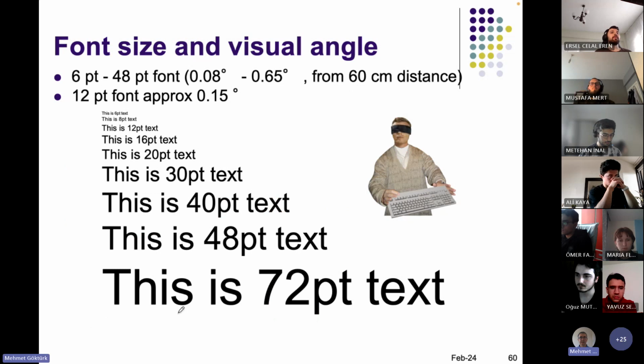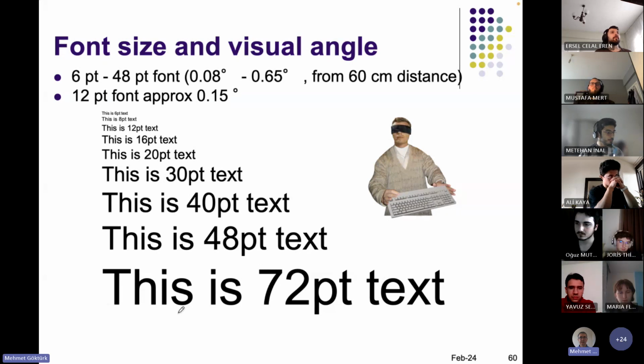Unless you are sick, of course. So from 60 centimeters, that is what people measured, 12-point font corresponds to 0.15 degrees. 6-point font corresponds to 0.8. For the 8-point font, 65.